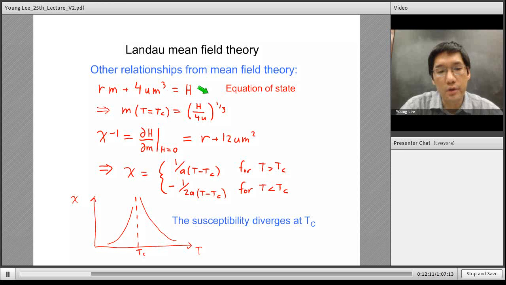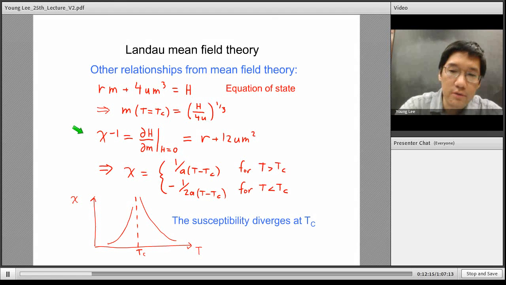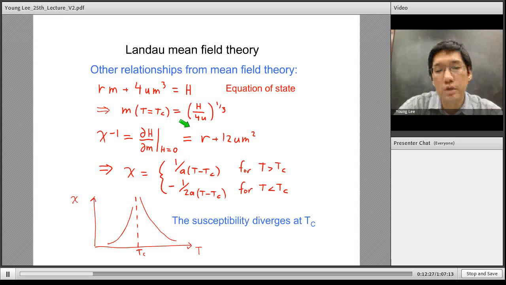You can also calculate a susceptibility, and in this case, it's easier to calculate the inverse of the susceptibility as dH/dm, evaluated at H equals 0, and you get this expression here, which when you invert it to get the susceptibility, you get the following.